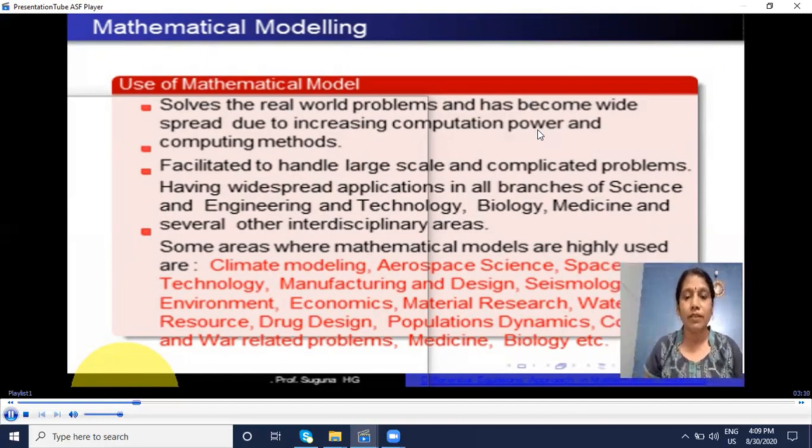Even in our day-to-day life, we use these models for climate modeling, that means weather forecasting, aerospace science, tracking in space, technology, manufacturing and design, even how space debris is disposed, economics, material research, drug design, population dynamics, war-related problems, and especially it is used in medicine and biology.